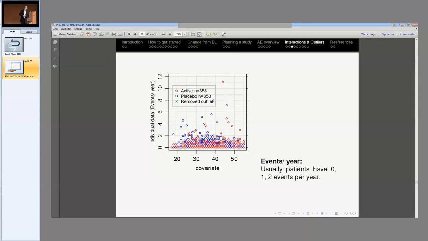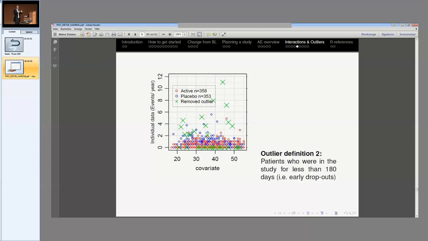The question was, what's their influence on the analysis? So we had a discussion about what the outliers mean, and one is it means everyone who has more than 2.5 events per unit of time. That's one possible definition. Another one would be patients who have spent a small period of time. They had, for example, an event and then dropped out early.